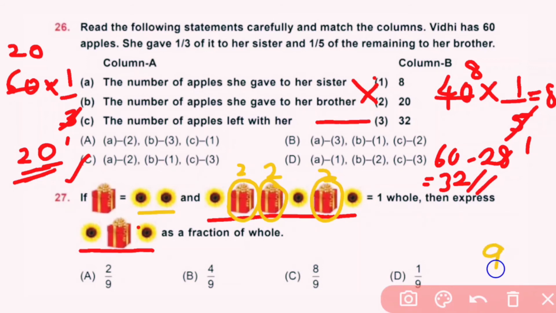It's total 9 flower. And out of 9, here we put 2 flower instead of box. So this will become 4 flower. So out of 9, 4 flower. This represent 4/9 fraction. So B is correct answer.